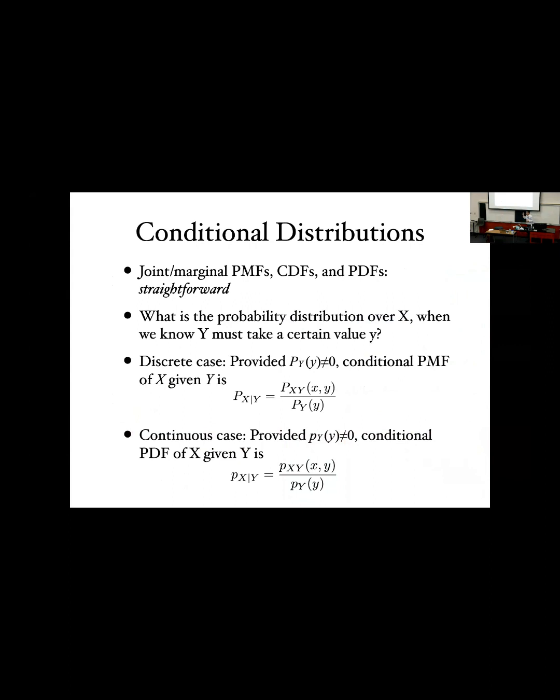Similarly, we have a joint probability distribution, marginal ones, and joint CDF and marginal CDF, and so on. Right? It's straightforward. You just incorporate more variables, and if you consider them together, it's a joint one. If you consider a subset of variables and ignore the rest, then it's a marginal one. And we also have the definition of conditional distribution. This is a definition.